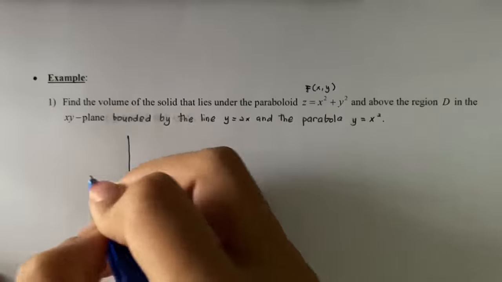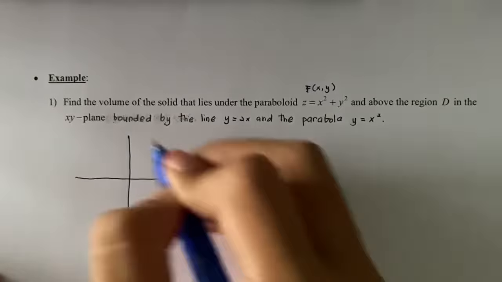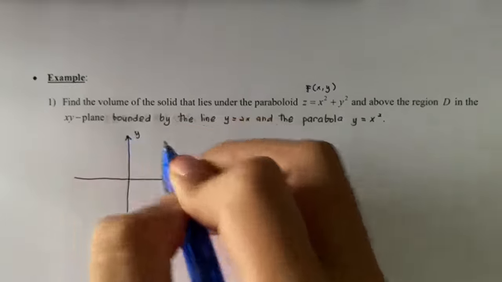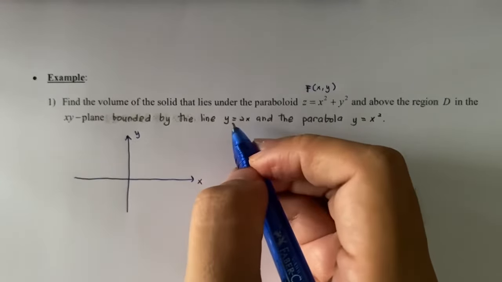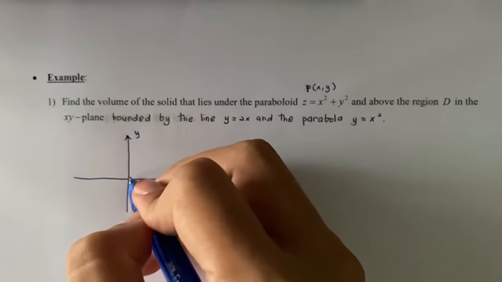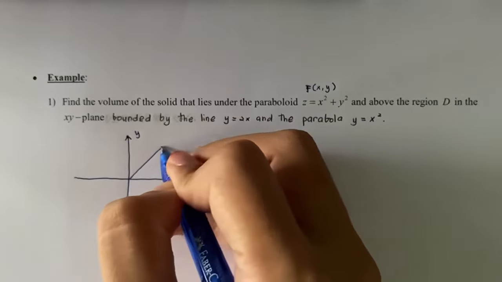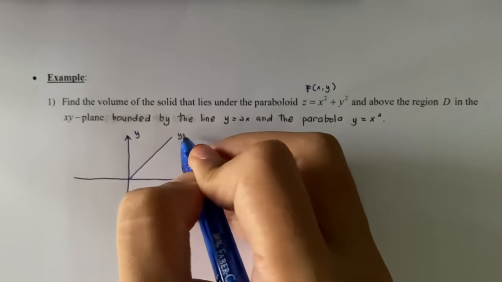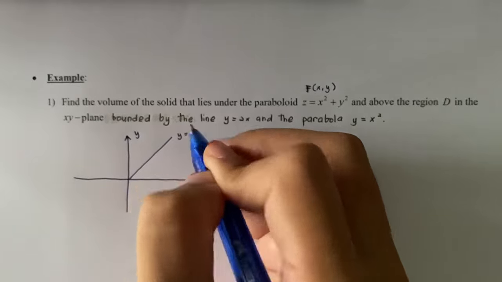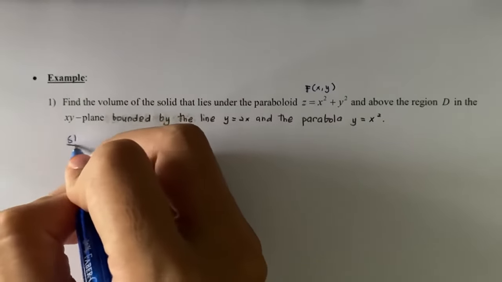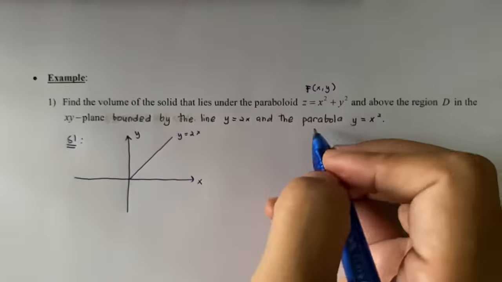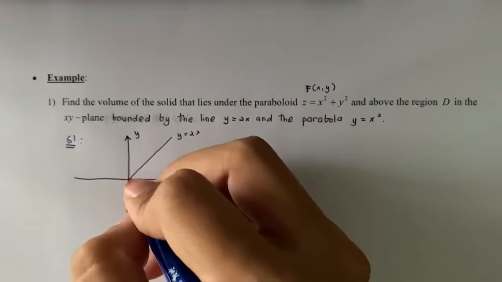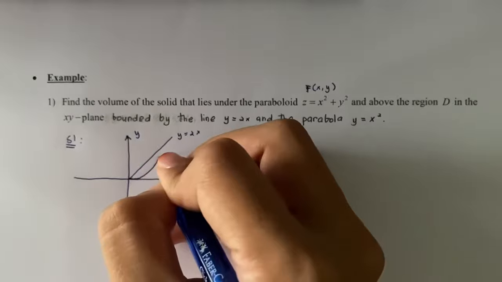So you have the xy plane. This is your y and this is your x. The first line, you have y equal to 2x, just a straight line. This is the first step. And then for the second, the parabola y equal to x square is this one.